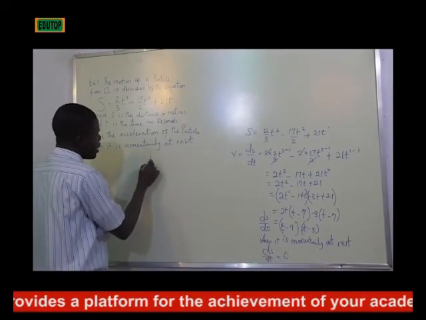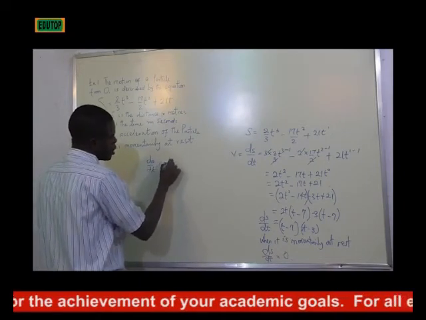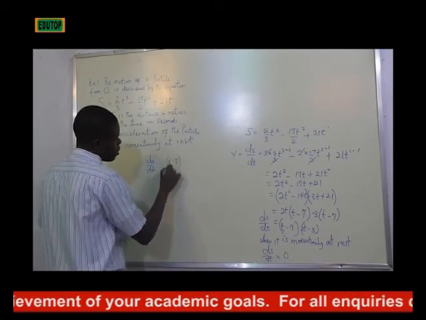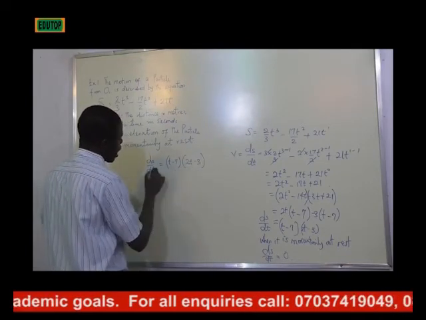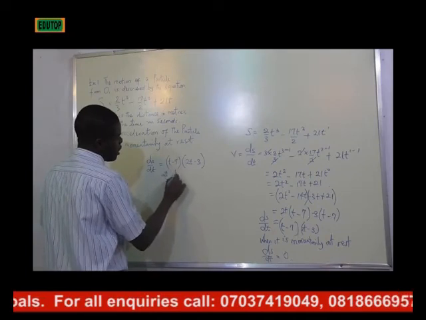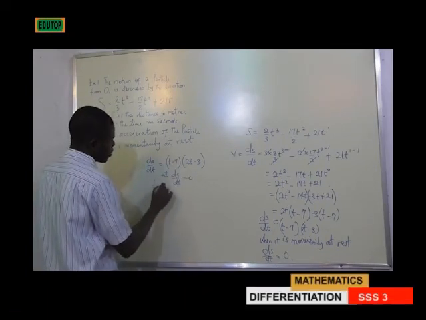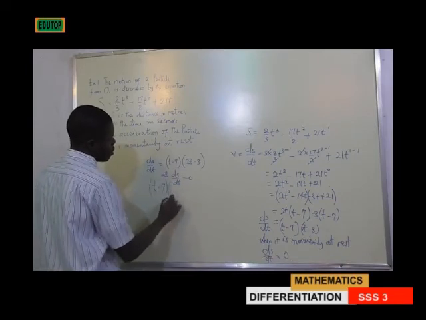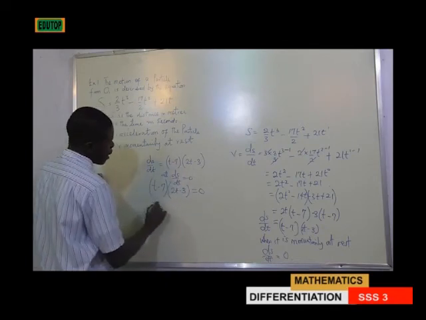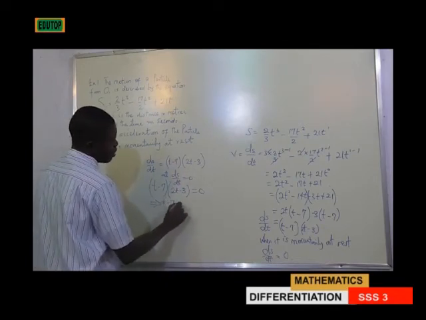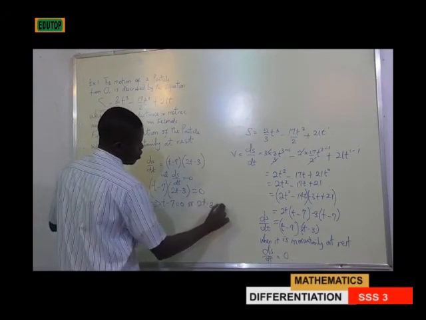And ds/dt is equal to t minus 7 times 2t minus 3. So at ds/dt equals 0, I will have t minus 7 times 2t minus 3 equal to 0, which implies that t minus 7 is equal to 0, or 2t minus 3 equal to 0.